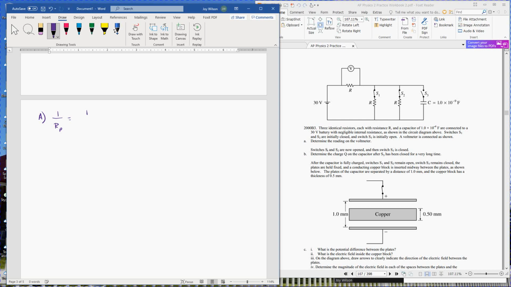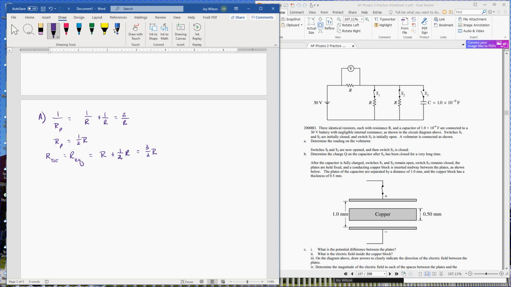So we have 1 over R plus 1 over R equals 2 over R. So our resistance parallel piece is 1/2 big R. Okay, that's our first part. And then to get the resistance total, or the resistance equivalent, you'll see both notations used, I would add R to the parallel piece, so R plus 1/2 R is 3/2 R.